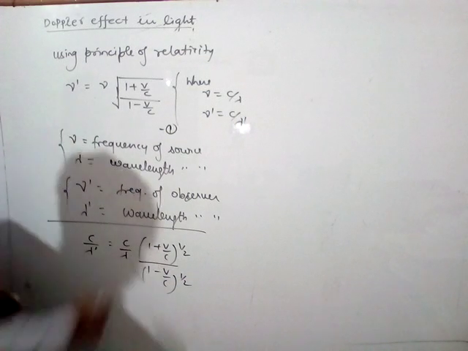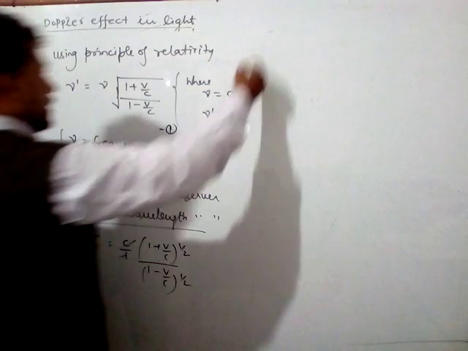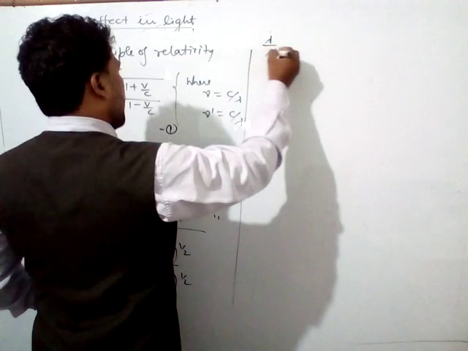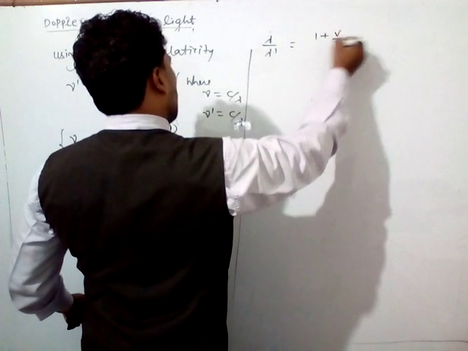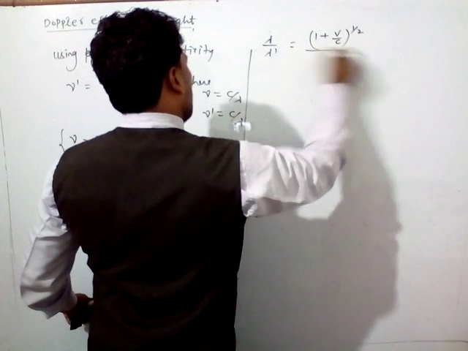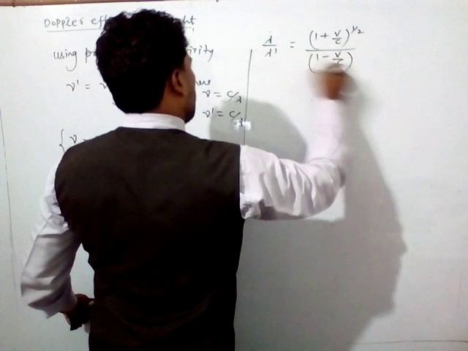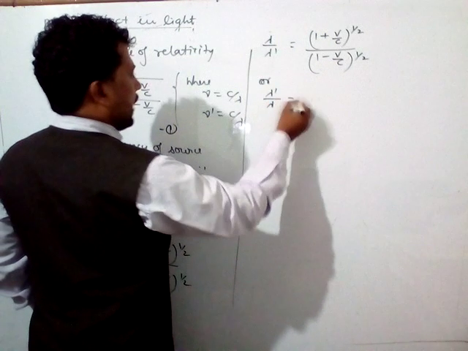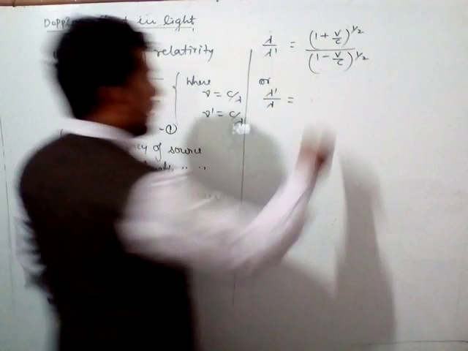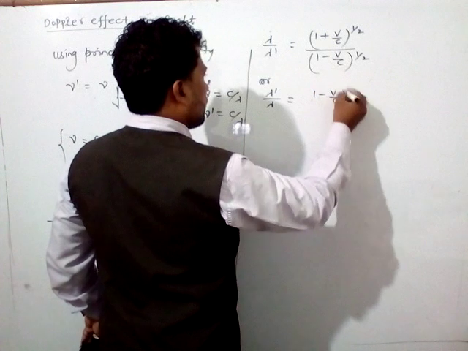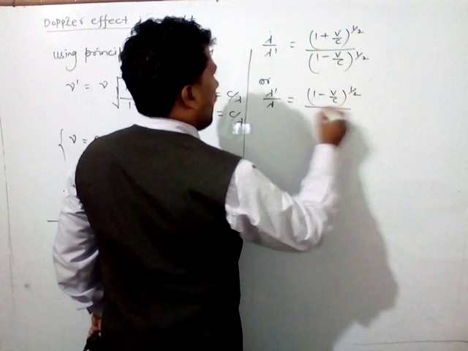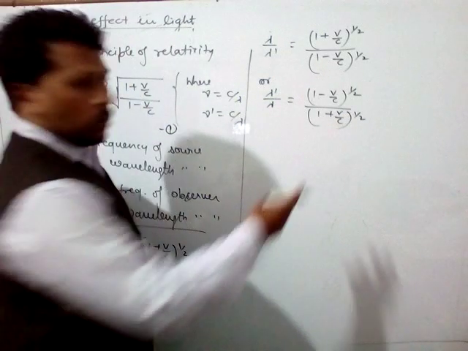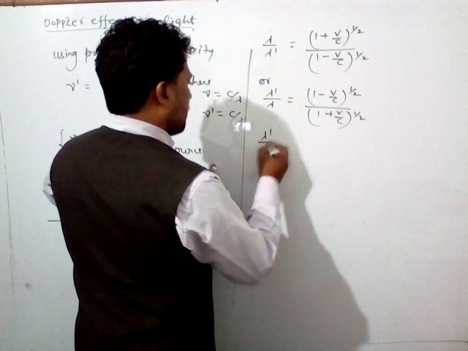So lambda by lambda dash equals (1 plus v by c) power 1 by 2 upon (1 minus v by c) power 1 by 2, और सिंपली लैम्डा डैश अपॉन लैम्डा, अगर हम इसको रिवर्स कर देंगे तो ये भी रिवर्स हो जाएगा, (1 minus v by c) power 1 by 2 upon (1 plus v by c) power 1 by 2. अब इसको हम ऊपर लेकर के बाइनोमियल थ्योरम से एक्सपेंड कर देंगे.